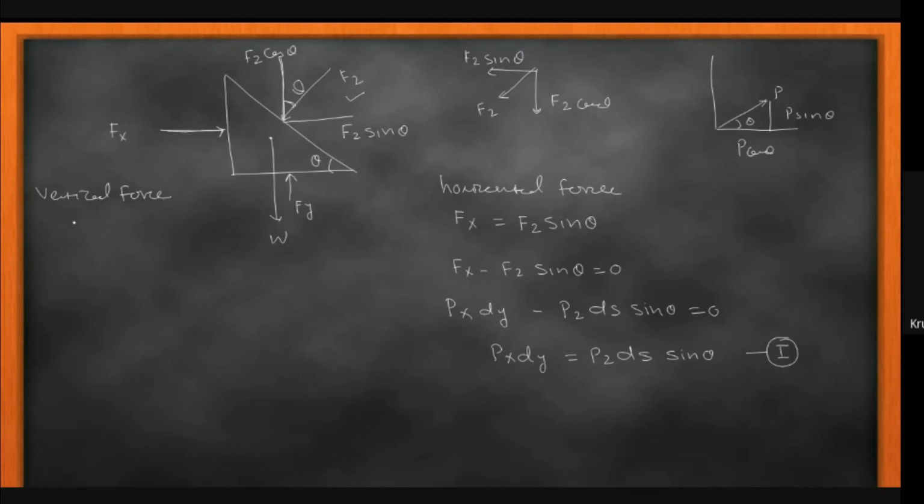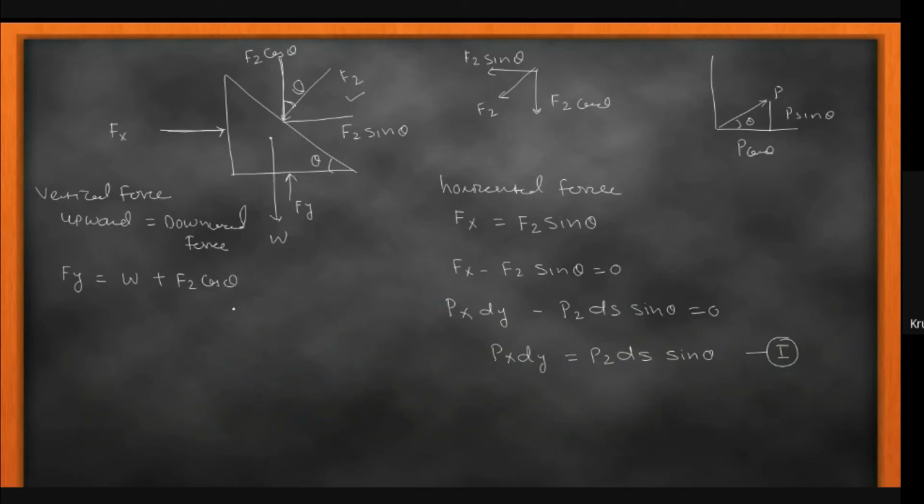So upward forces equal downward forces. The upward force is only Fy. So we write Fy equals the downward force W plus Fz into cos theta.